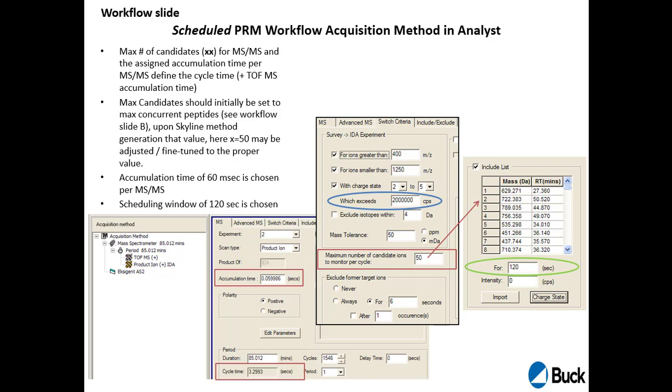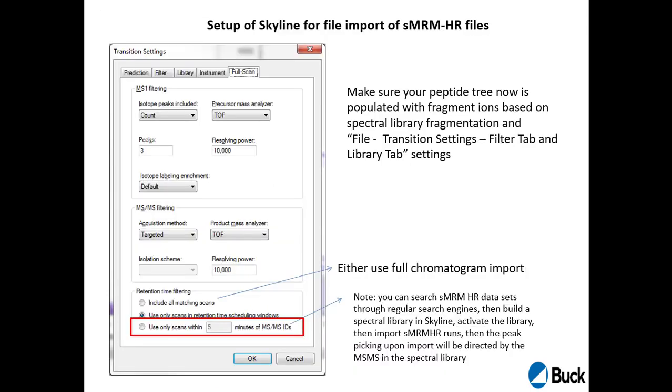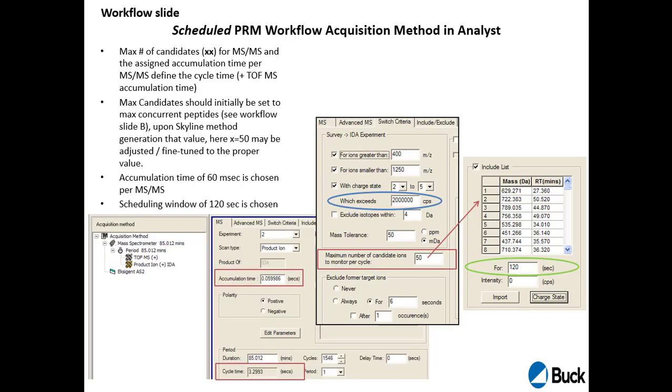You want to be right there where you have enough accumulation time and quality for the MSMS. Same as what Brian said, right? That's the key, that's your quantification. You want good MSMS. So for example, in this case, I had like 60 milliseconds.